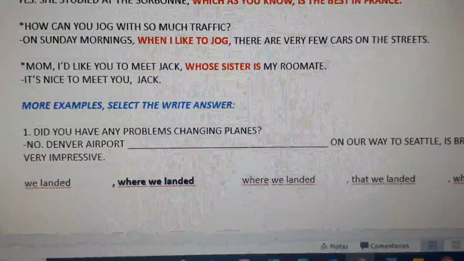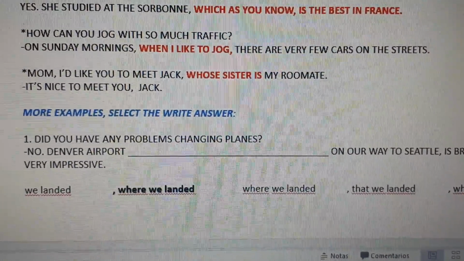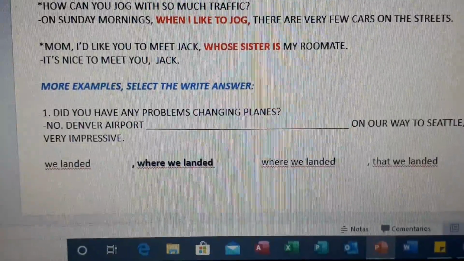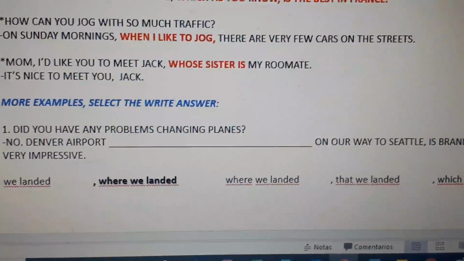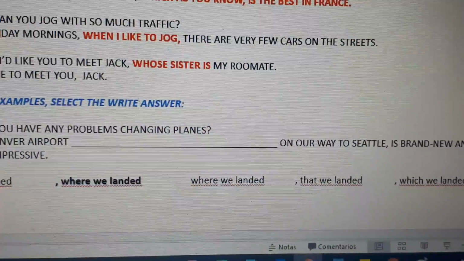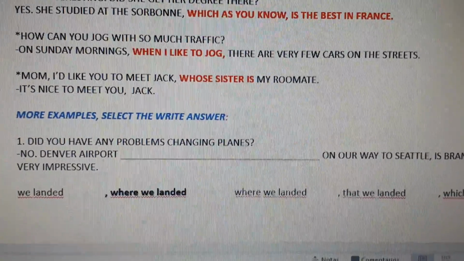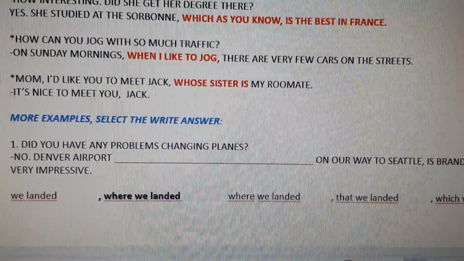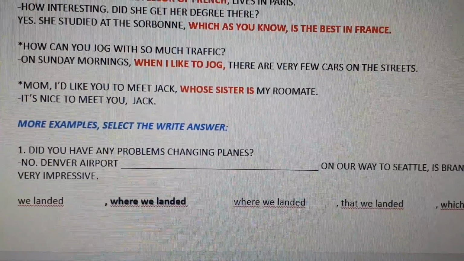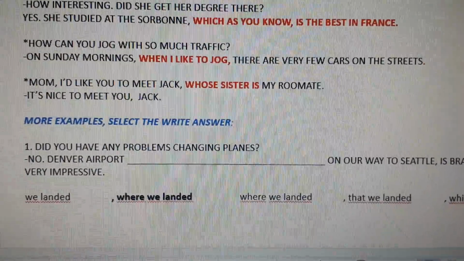We have more examples. It says, did you have any problems changing plans? No, Denver Airport. We land, where we land, where we landed, that we land, or which we land. One thing that you can do is to see which of them has a comma, ok? ¿Cuál de ellos tiene una coma antes, sí?